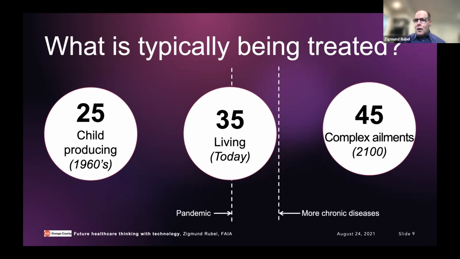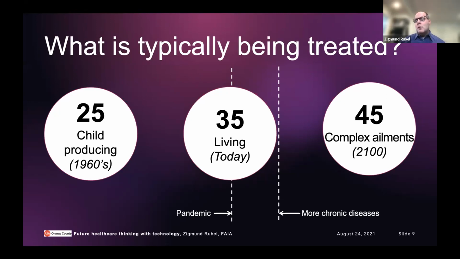There's going to be more chronic diseases. The example that I like citing is Alzheimer's. Alzheimer's wasn't even found until 1907, and the National Institute of Aging didn't recognize it as a disease until 1977, I believe. So for the last 50 years, we've had this major impact to our healthcare infrastructure.